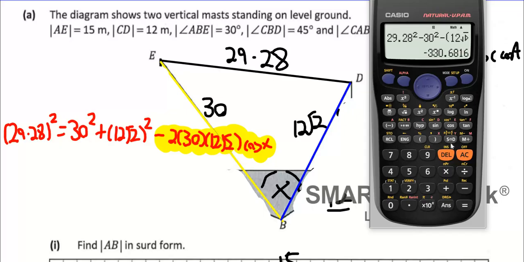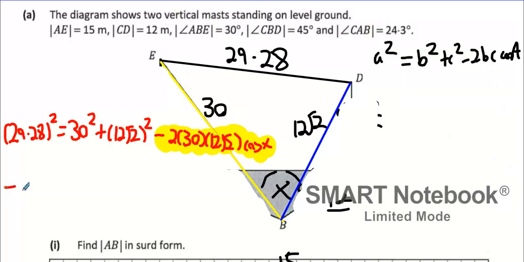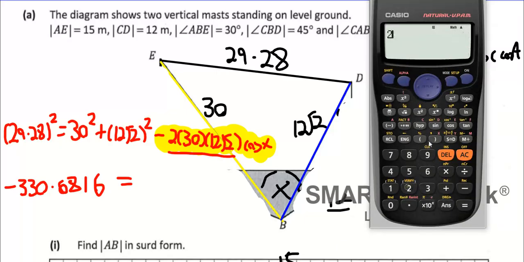Minus 330. So minus 330 equals, now go on to multiply that part out. 2 by 30 by 12 root 2 by cos X. I don't know what cos X is yet, so I'll leave it there.